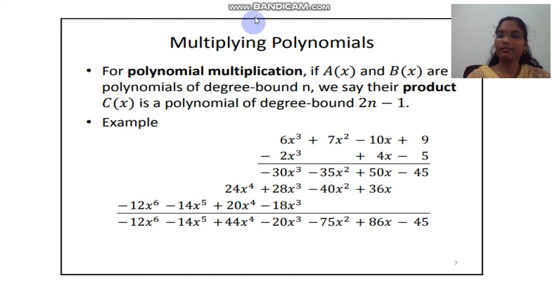If we take the value n as 4, then 2n minus 1 will be 2 into 4 is 8, 8 minus 1 is 7. So the resultant polynomial will have degree bound 2n minus 1, because the degree of the resultant polynomial is 6, so its degree bound should be 7, that is 2n minus 1.